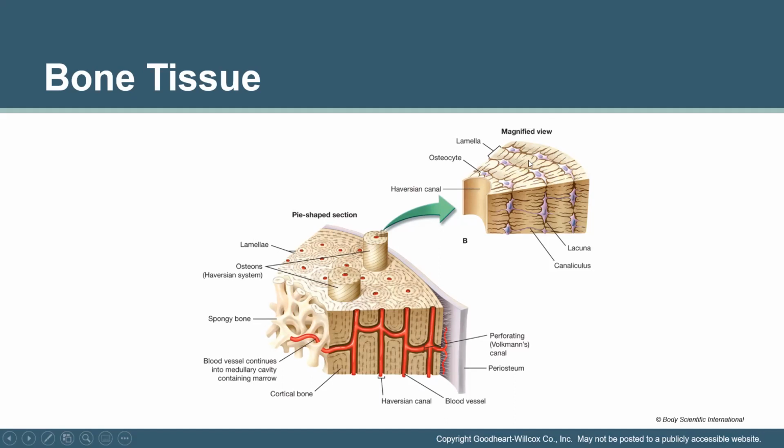Packaged within or in between the lamellae are those osteocytes. Again, remember, osteocytes are bone cells. Osteo should give us the clue that it has to do with bone. Cyte should give us a clue that it has to do with cells. These osteocytes are sandwiched in between the layers of the cortical tissue.